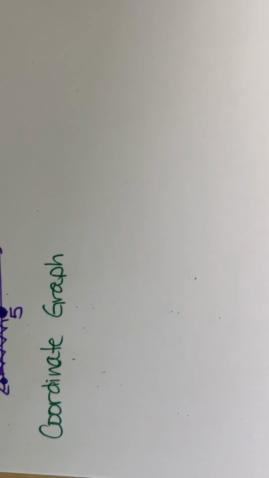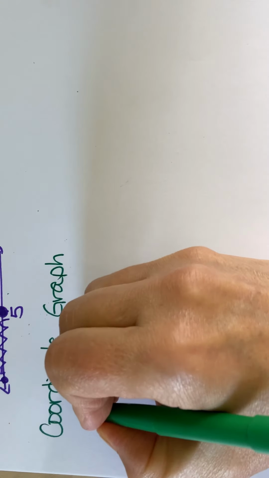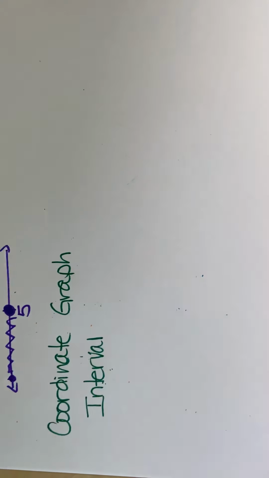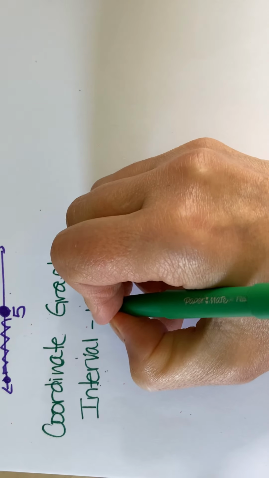Okay, so when I was going through the homework, a lot of you are still struggling with interval, okay? So if I talk about an interval, that's what you count by on the graph, okay?